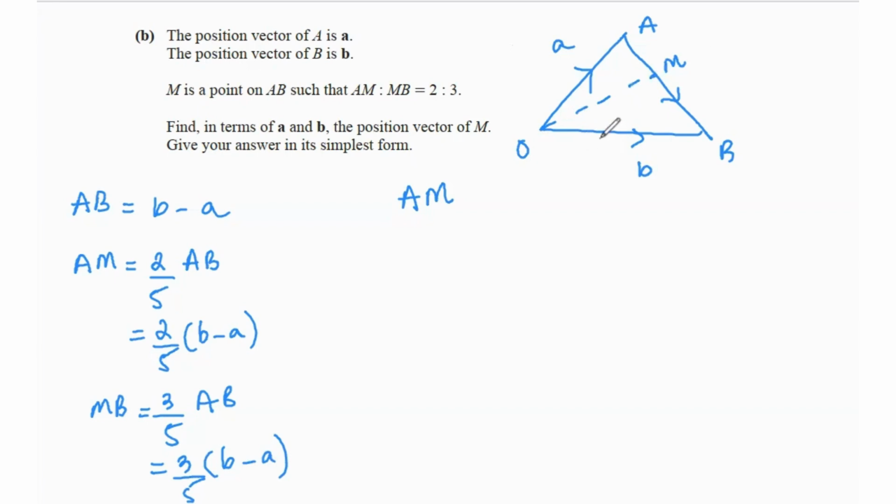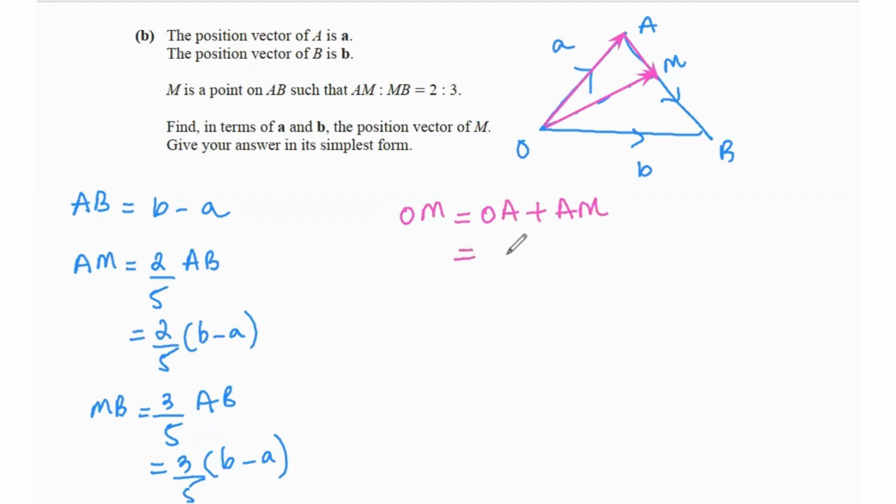So to find OM, I'm going to use the route which goes from here to here, and that will give us OM. So OM is OA plus AM.